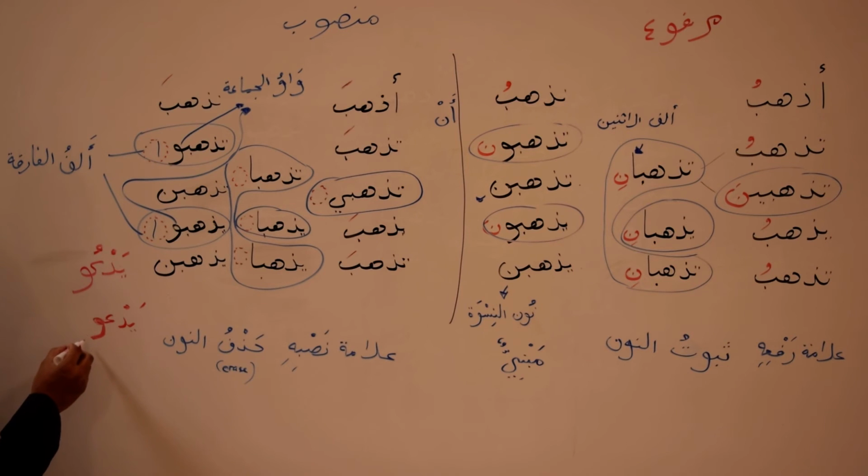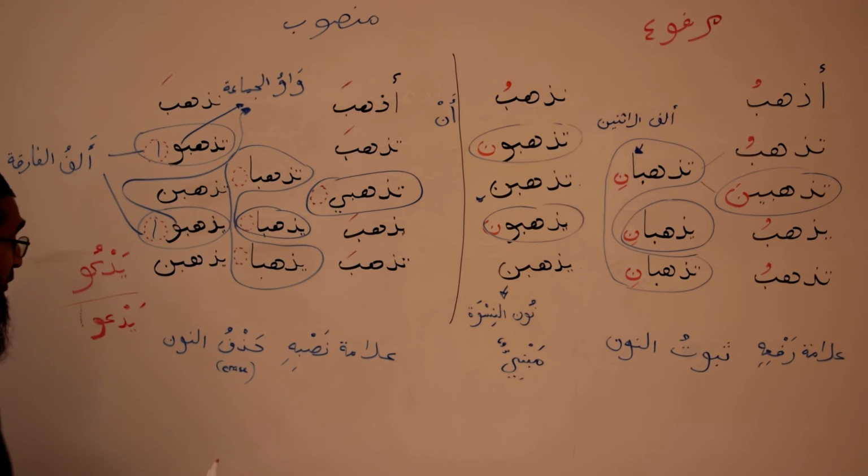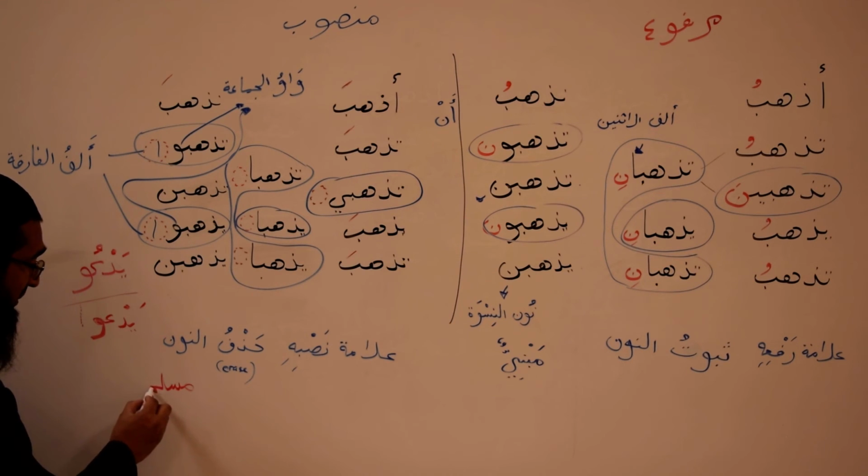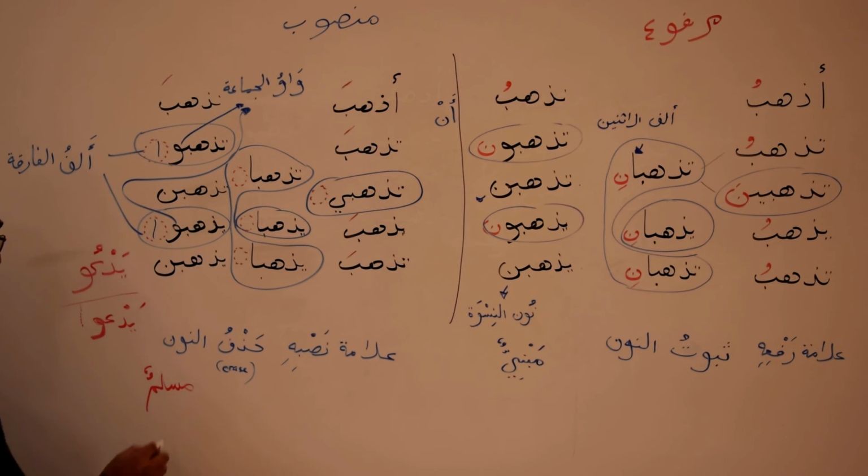So in order to identify that, we'll have to put an alif here, aliful fariqati. That's one reason. Another reason is the jam' mudhakkar salim, like for instance the word Muslim.